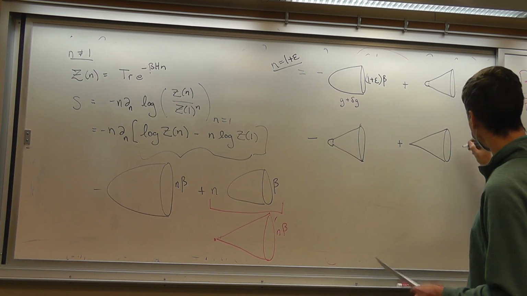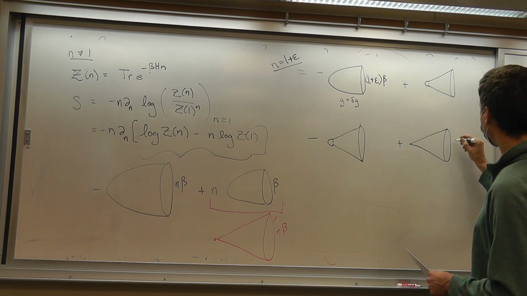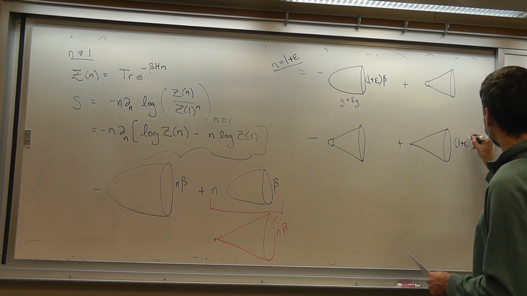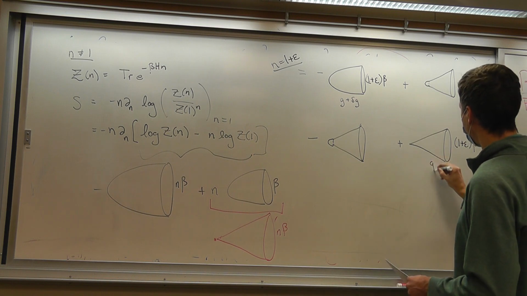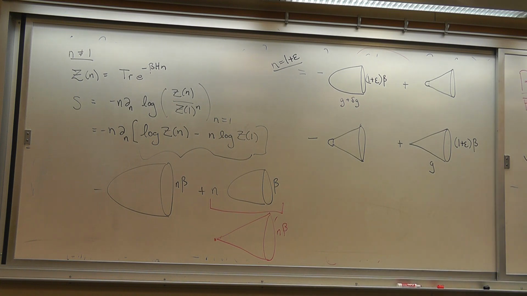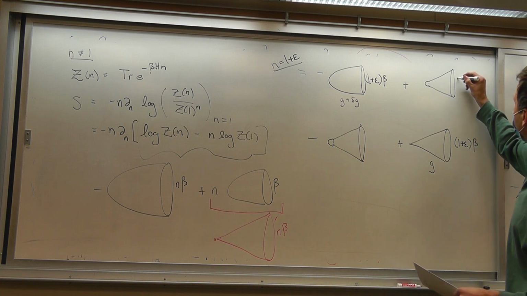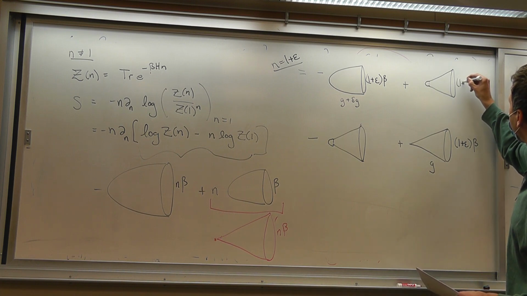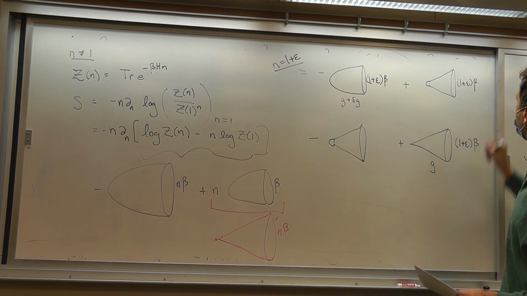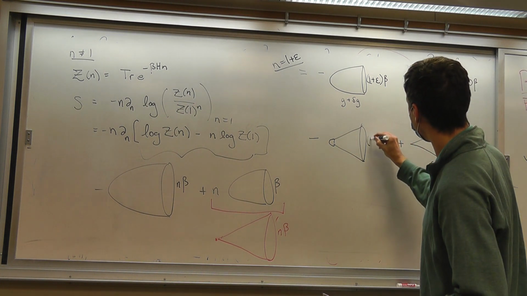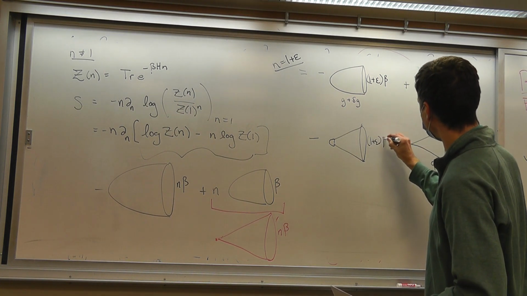So that last term has thermal circle 1 plus epsilon beta, but it's the original metric G. Okay, so what are these other geometries? They both have the same circle of size 1 plus epsilon beta.